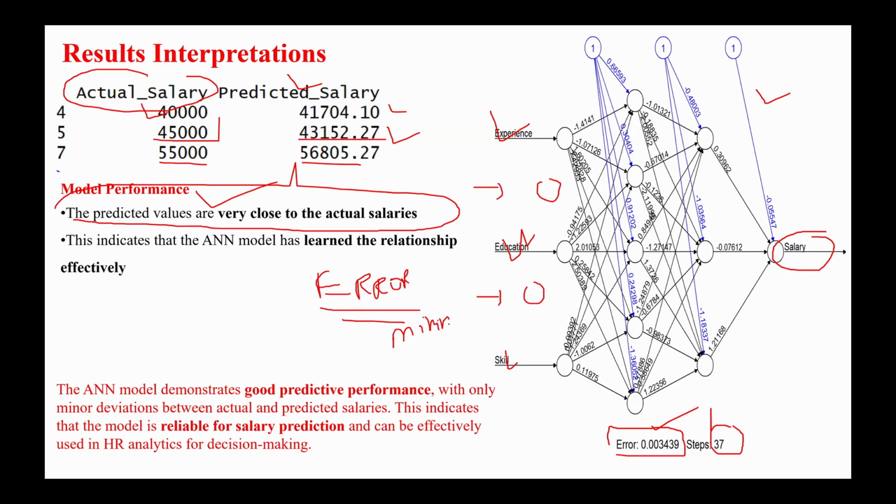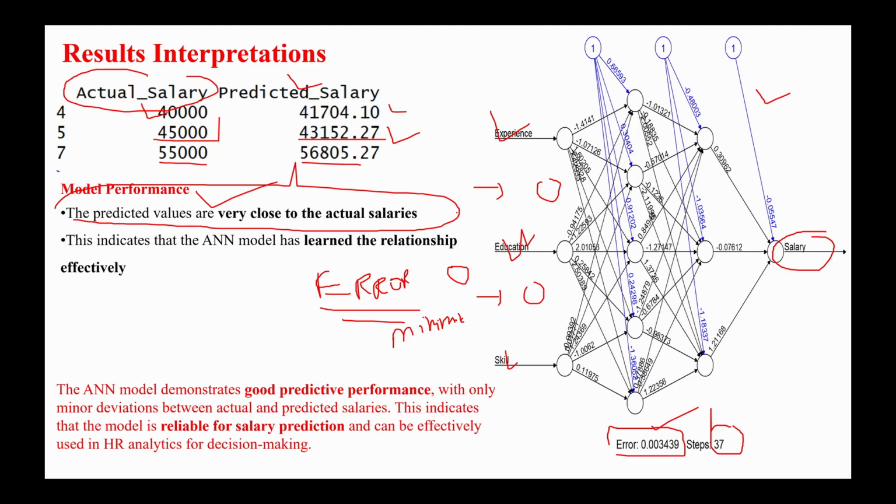You cannot say that my neural network model has error equal to 0. Human beings also have error, they are intelligent but also make errors. Error is always there, but it should be minimized. So it is good predictive performance with only minor deviation between the predicted salary and the actual.